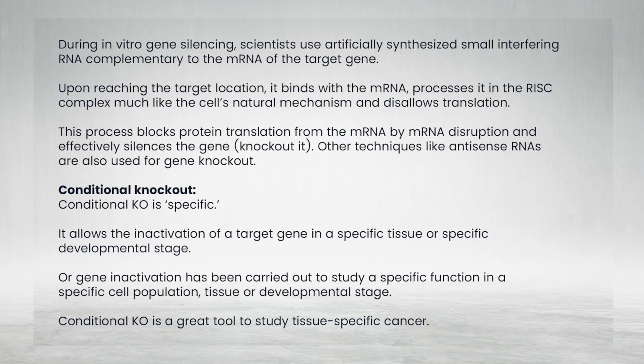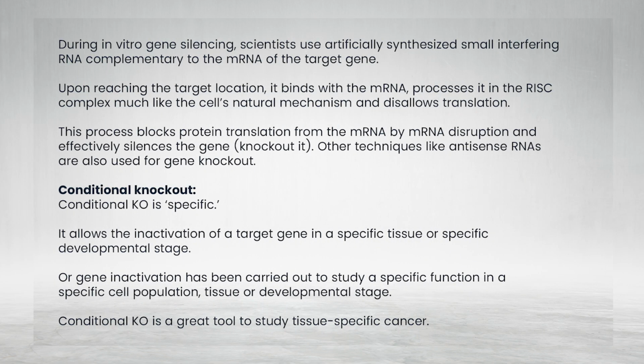Now let us look at what is conditional knockout. Conditional knockout is specific. It allows the inactivation of a target gene in a specific tissue or specific developmental stage, or gene activation has been carried out to study a specific function in a specific cell population, tissue or developmental stage.